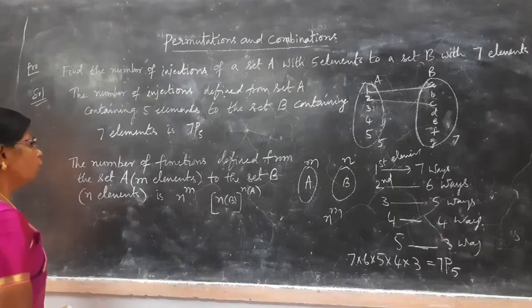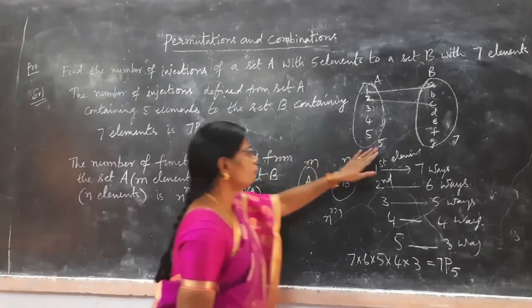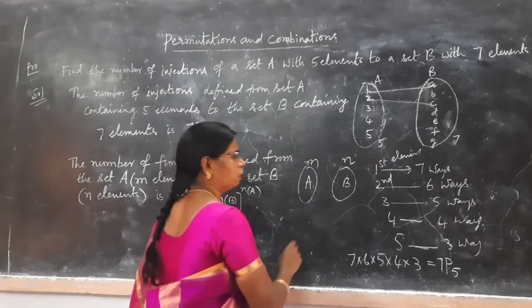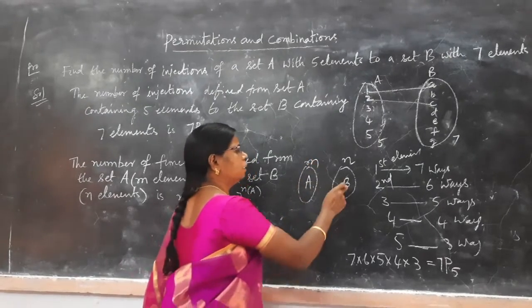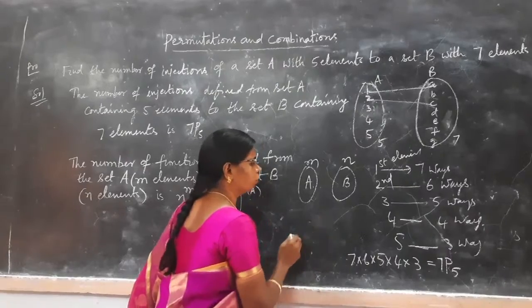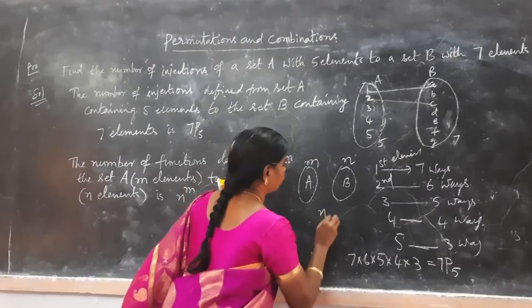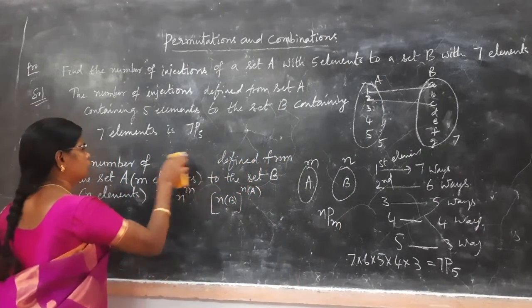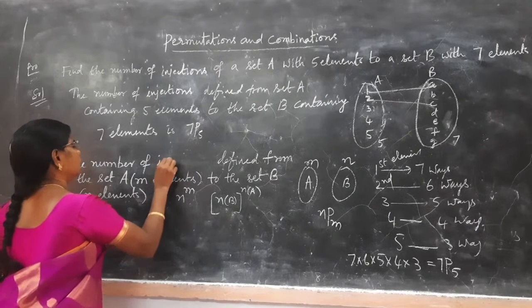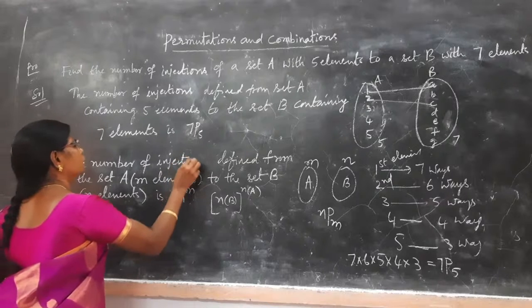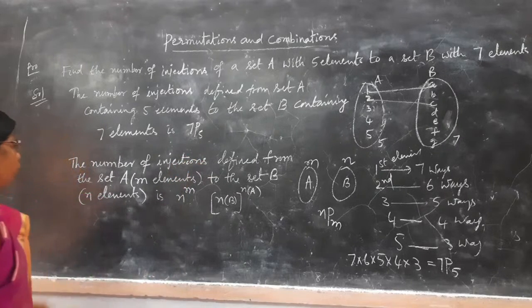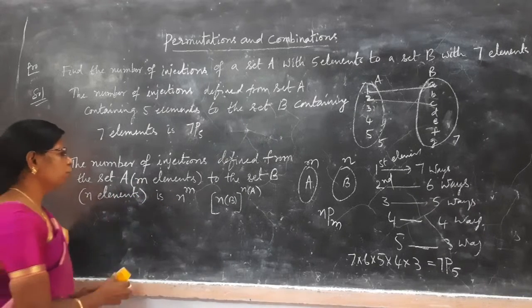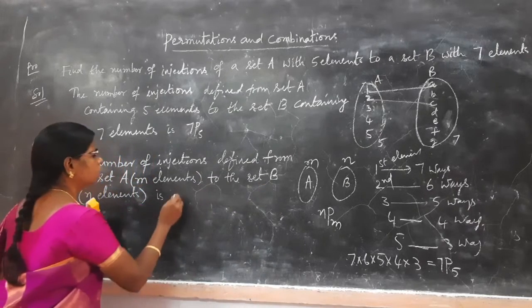In a similar manner, instead of 5 and 7, as I said here, in general, set A has m elements and set B has n elements. When we take it like this, what will happen? See here, nPm. Try to understand and note down: the number of injections defined from the set A to the set B containing n elements is nPm.